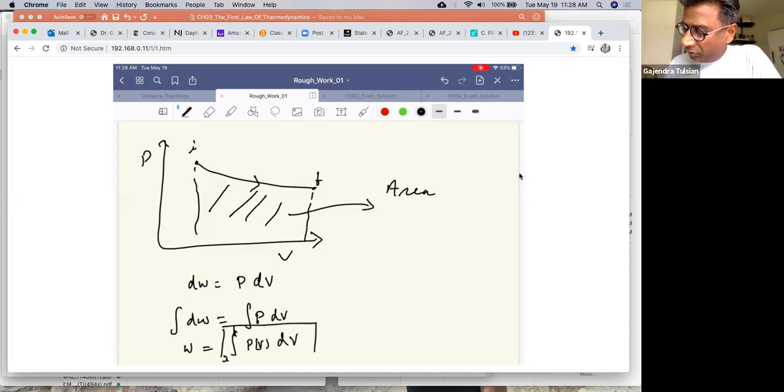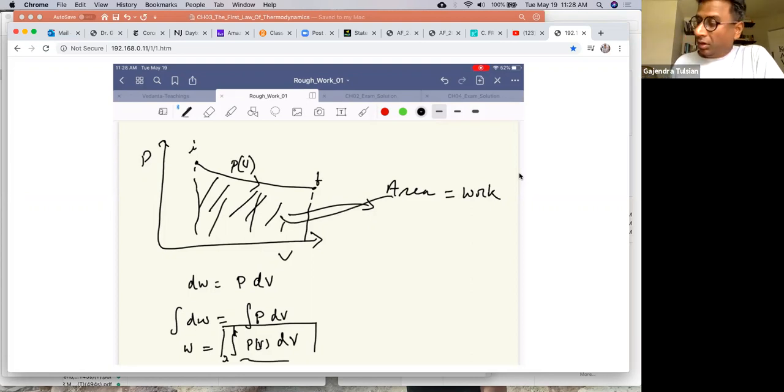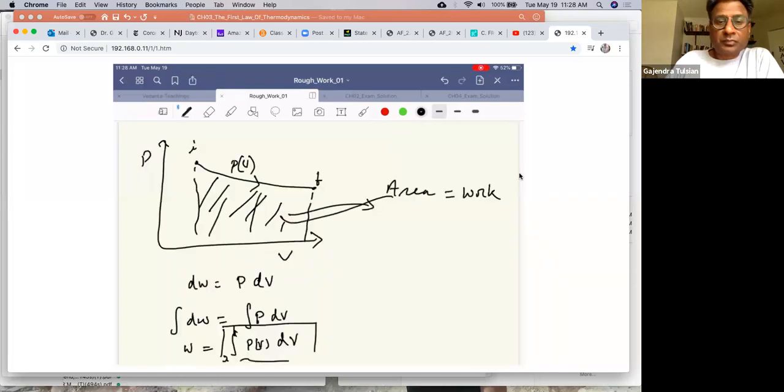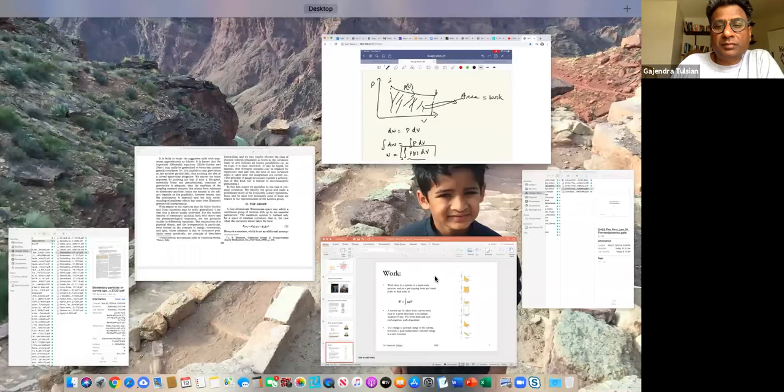You all know this integral is the area under the curve. So this is P as a function of V, and this integral is the area under that curve. All right, so the work done by the gas is the area under that curve.